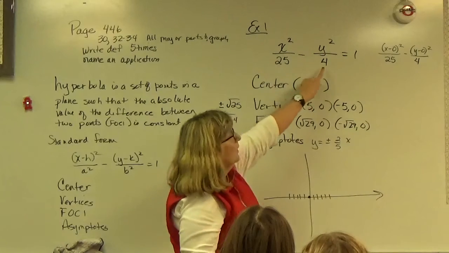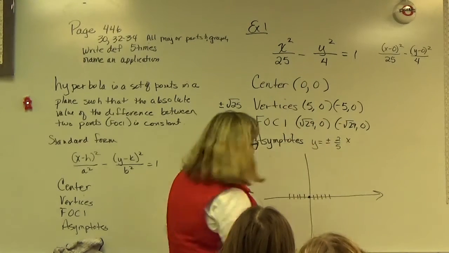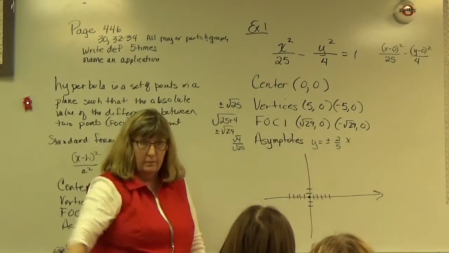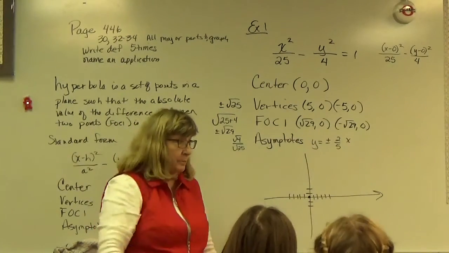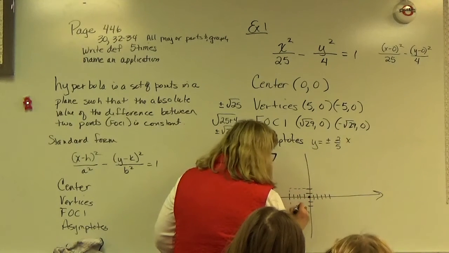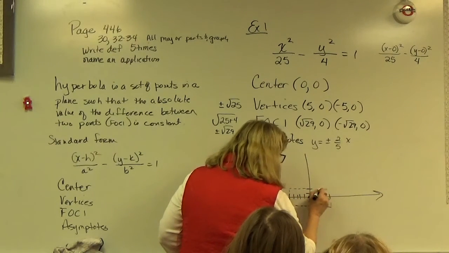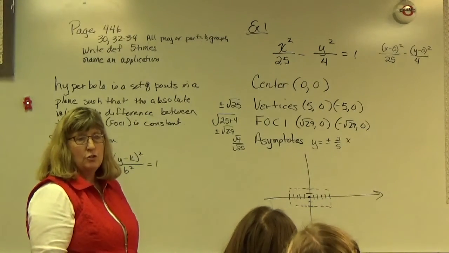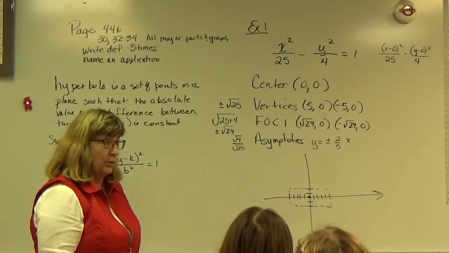In the y, how much am I going to go in each direction? 2. Before with an ellipse, you drew the elliptical shape. Now you're going to draw an imaginary rectangle. It's only going to be a dotted rectangle because it's really not part of your graph. It's used to get the asymptotes without much work.